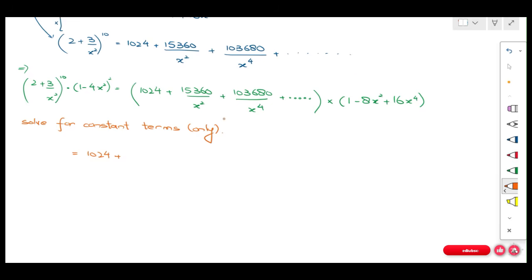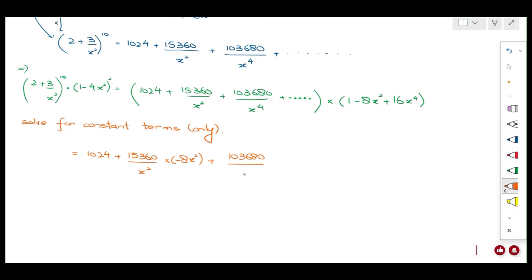So you can see this and this give you the constant term. 15,360 over x squared, when this term is multiplying with minus 8x squared, you will get the constant term. Plus again, this would be an x squared term, x^4 over x squared term, we don't need it. This multiplying with 1 is a 1 over x^4 term, this is a 1 over x squared term, and this would be the constant term.